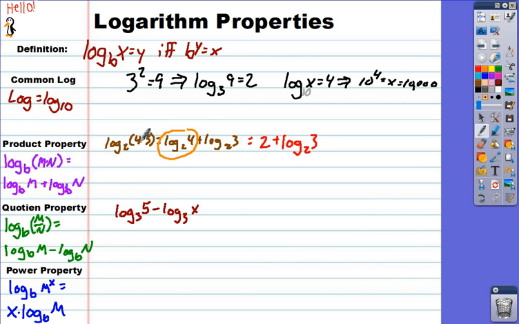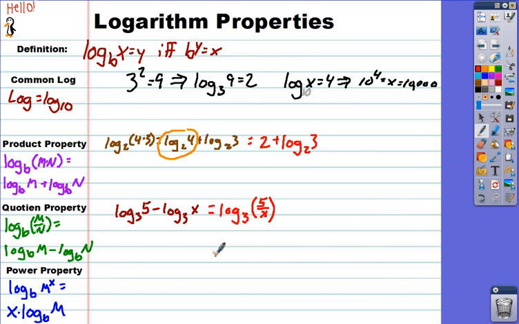Before, we were expanding; now we're combining. Since it's subtraction, it's going to combine into division. My first term is the numerator, and my second term is the denominator. Even though it's got a variable, we can still simplify this. We end up with log base 3 of 5 over x.